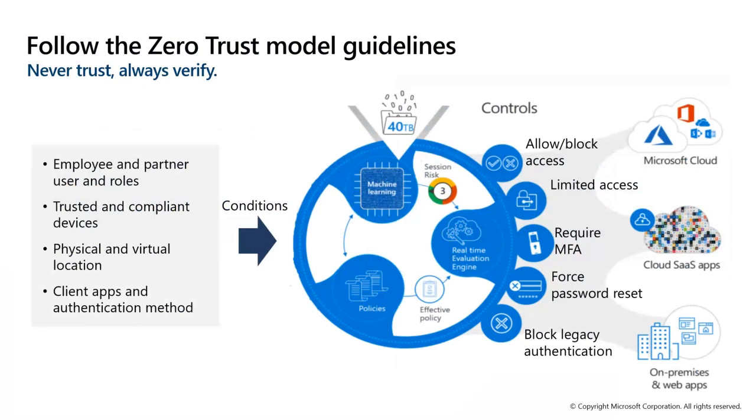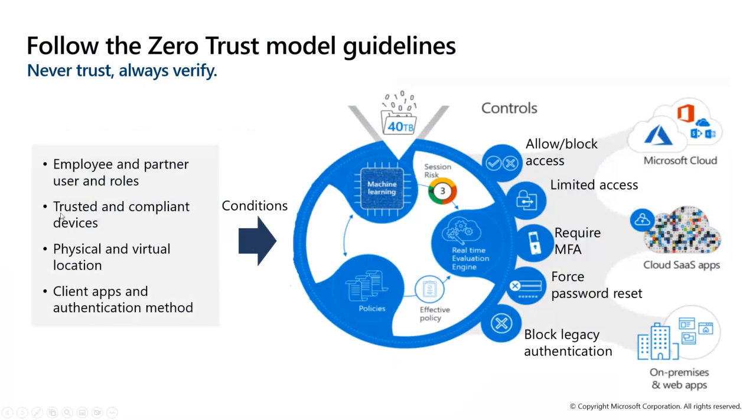We have something called the zero trust model. The zero trust model, folks, refers to our product challenging everything. This is quite important because every time you authenticate, your authentication request will be challenged, will be evaluated.